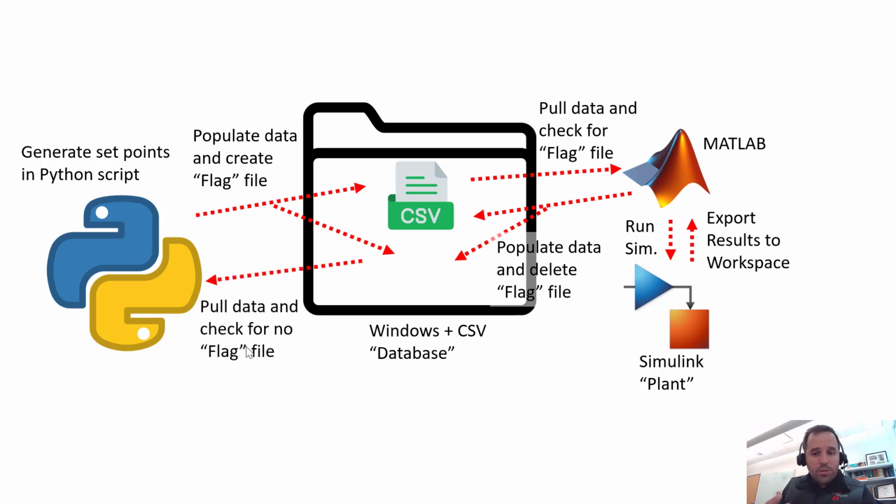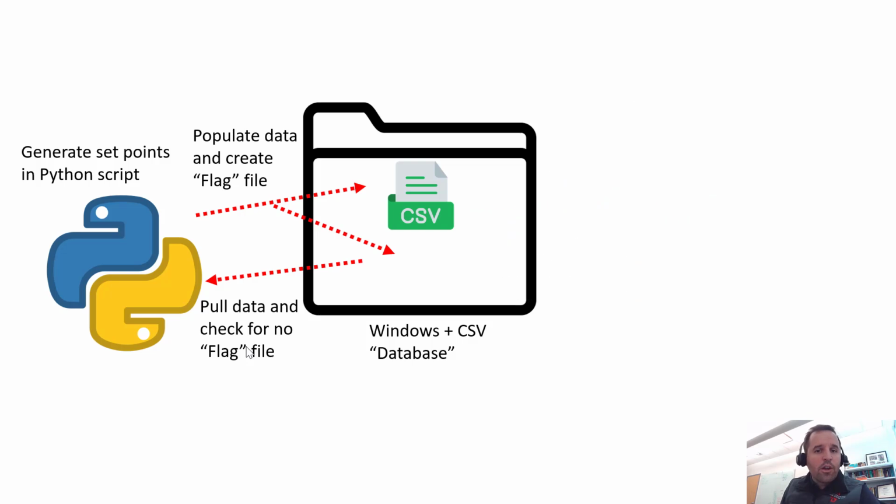In just this particular video, we're just going to cover the Python part of this. So we want to write a Python script that can generate some random set points, store those in a CSV file, and then generate this flag. Separately, we'll have another MATLAB script that is going to be checking for that flag so that it knows when to run. So basically, this flag file is a signal between the two programs telling it which should be running.